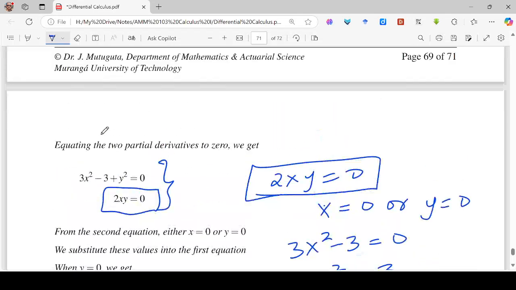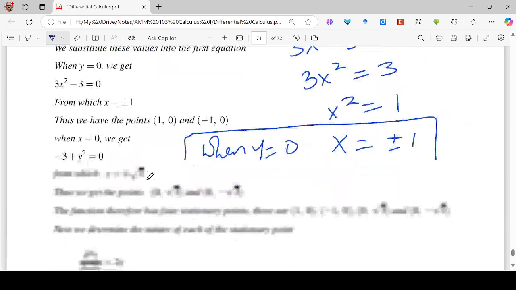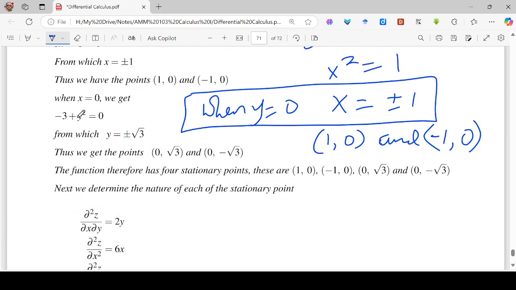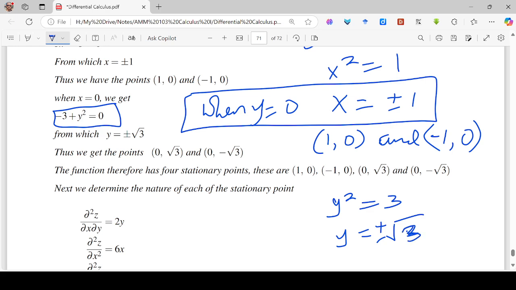If you go back to this equation and substitute x is 0 here, then you get minus 3 plus y squared is equal to 0. From this equation, you can get y squared is 3, and y is equal to the square root of 3, which is plus or minus.